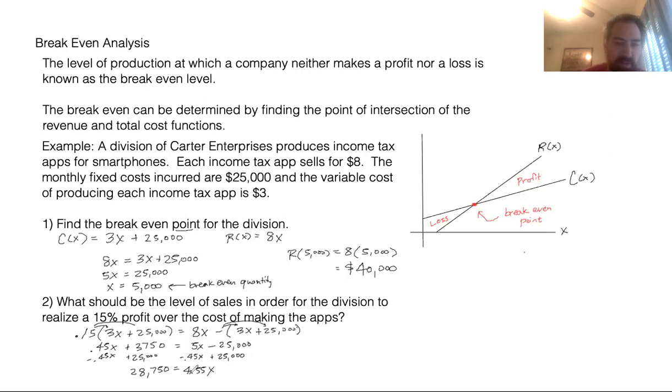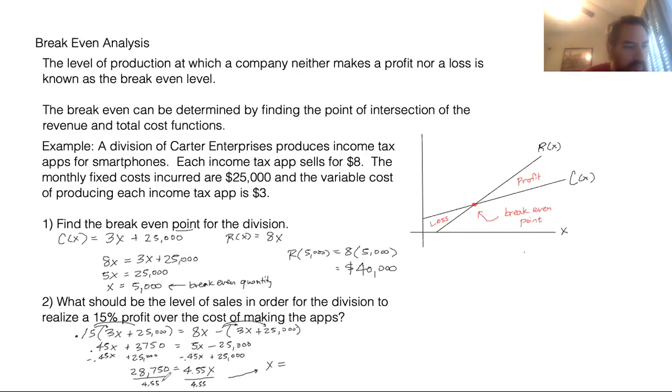And then finally, we'll divide both sides by 4.55. And this will give us the production level that I need to reach the profit that I want to obtain.